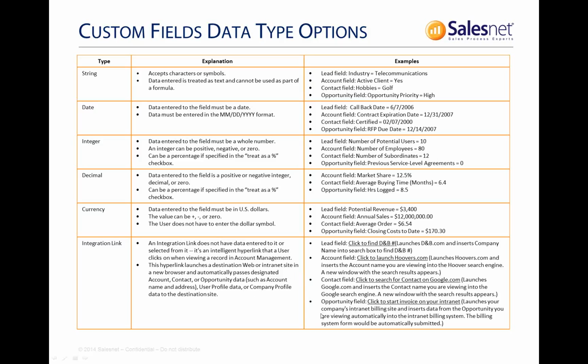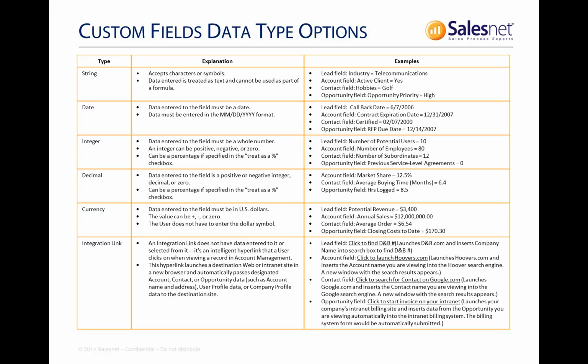And then finally, the data type that you can set up that maybe is not very clear or apparent is this integration link. So you can set up what we call an I-link, integration link, to launch any other kind of web application or an intranet site.